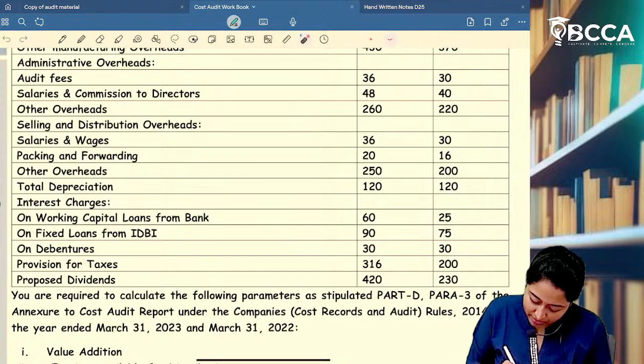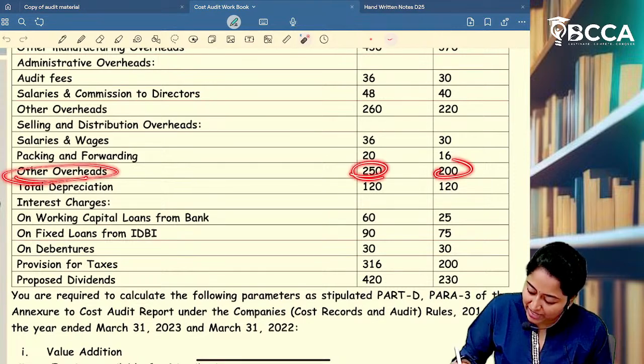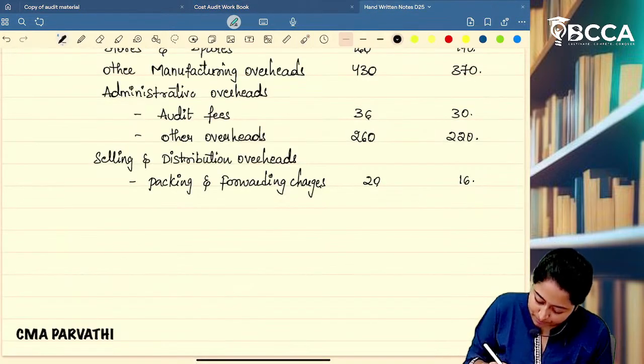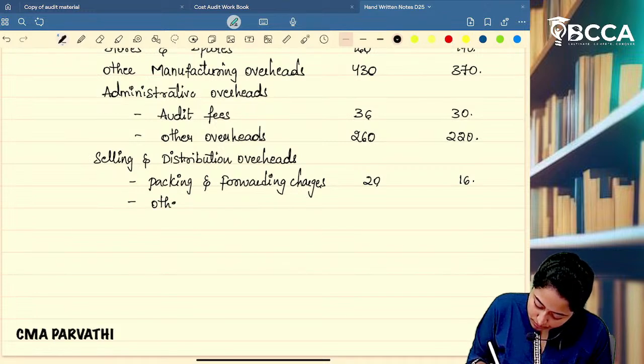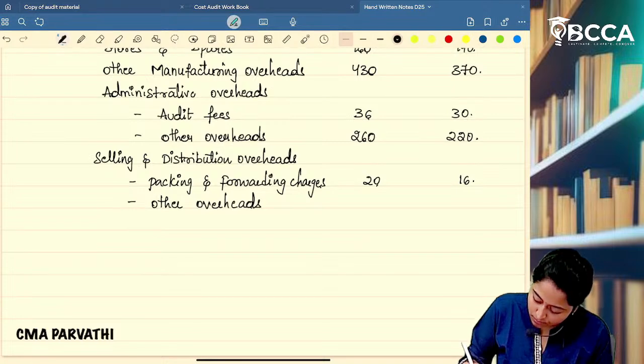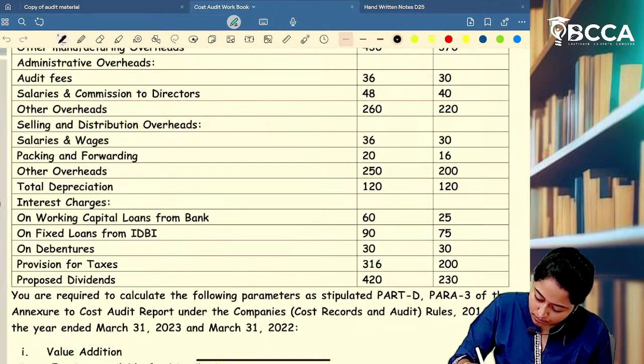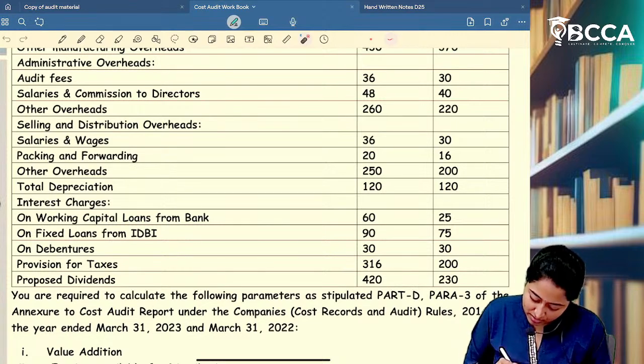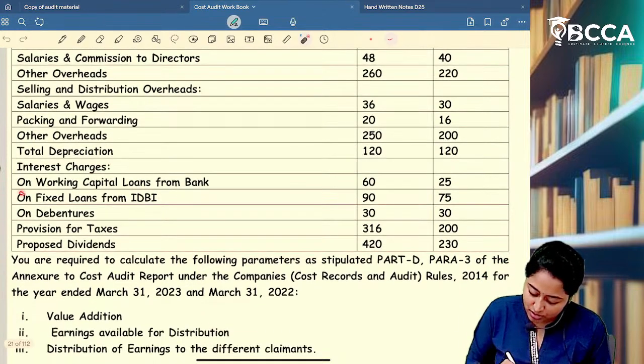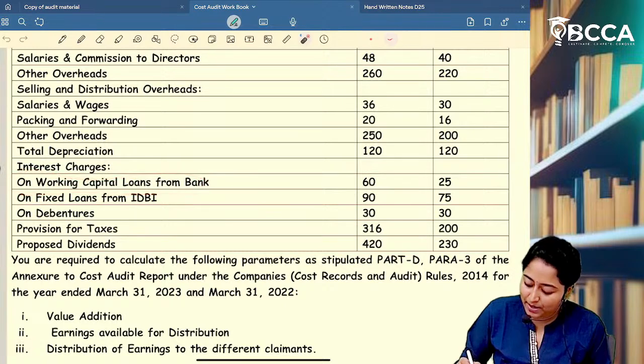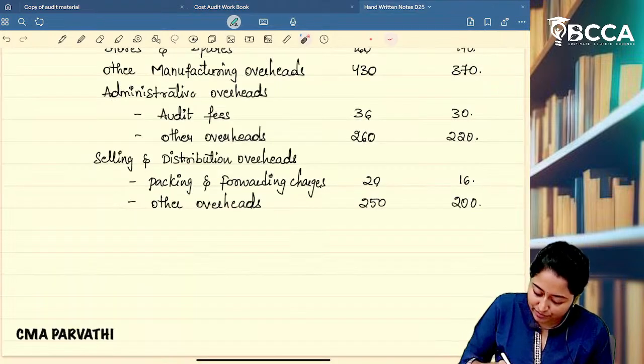And then here we have other overheads, 250 and 200. And then we have interest charges on working capital loans from bank, 60 and 25.